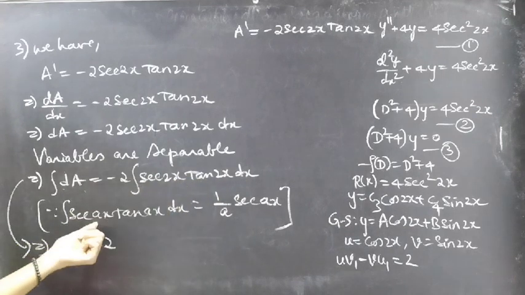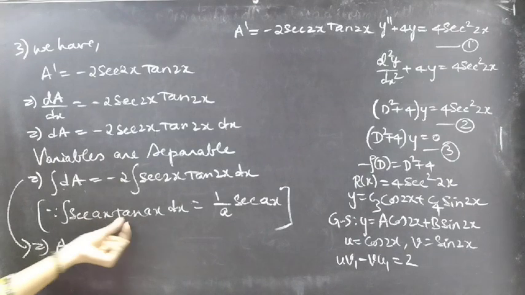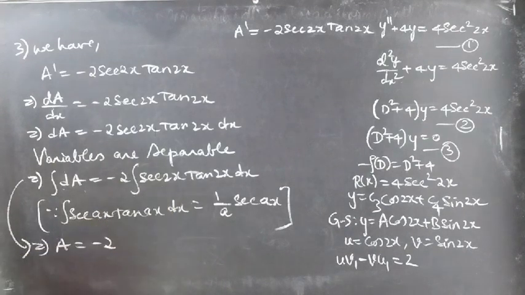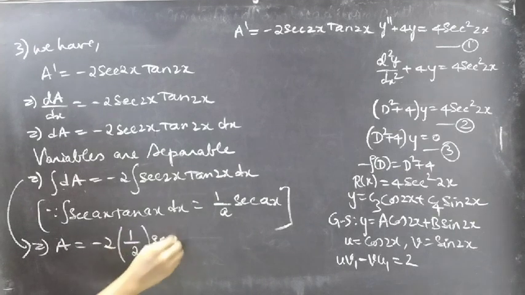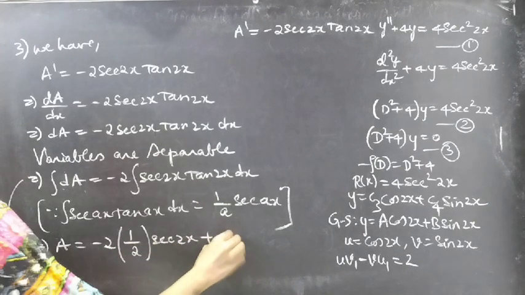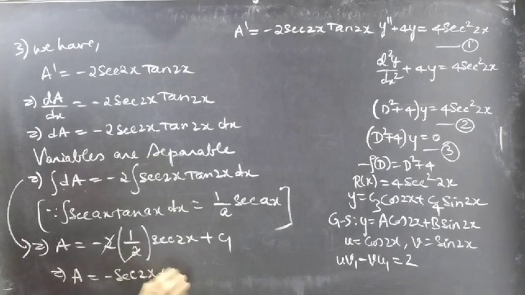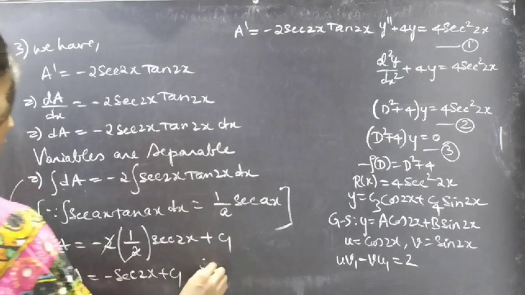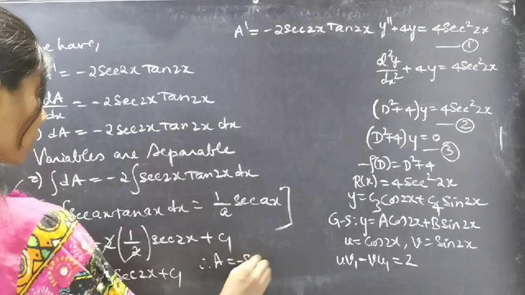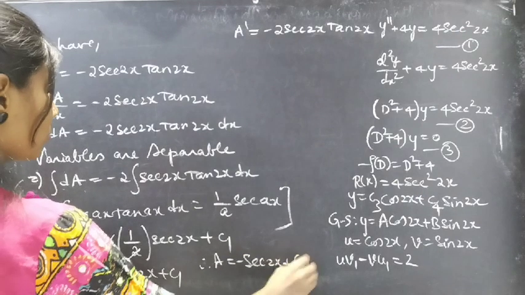Just compare the integrand with secant ax tan ax, and for a equal to 2 you'll have 1 by 2 secant 2x plus an integral constant, say c1. The 2 gets cancelled, and you'll get A equal to minus secant 2x plus c1. Therefore, A equals minus secant 2x plus c1.